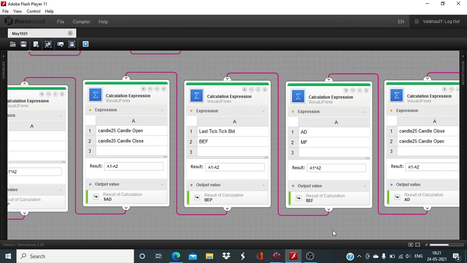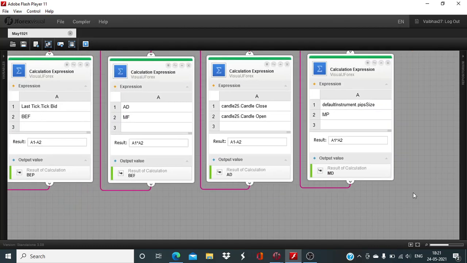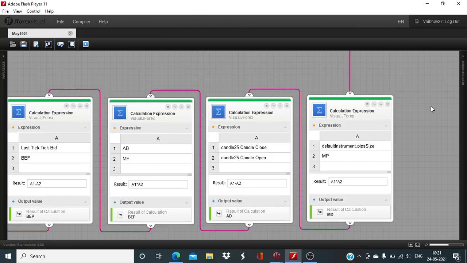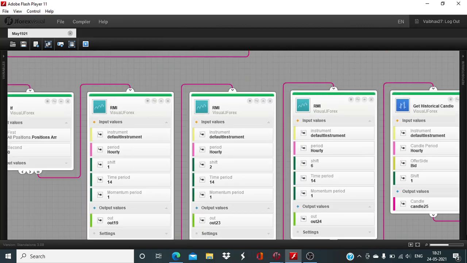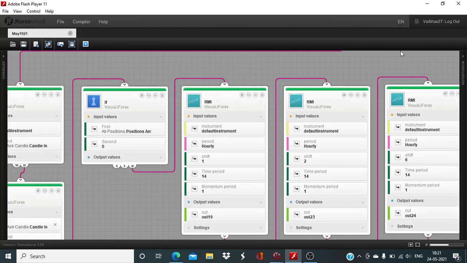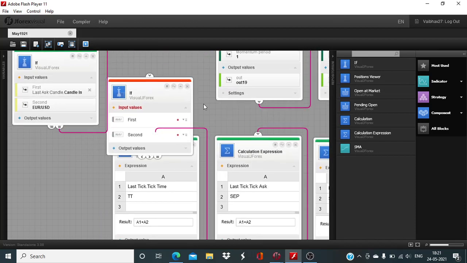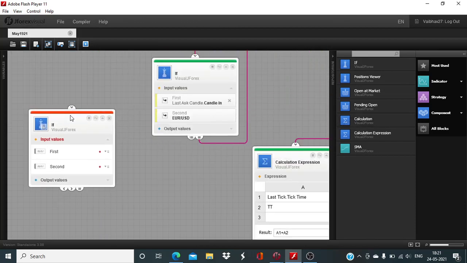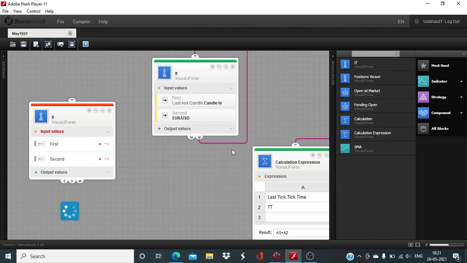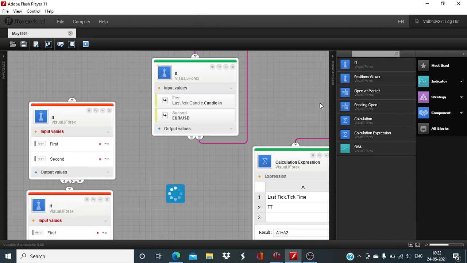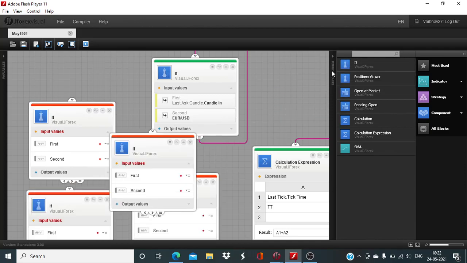Now let us start defining the conditions for the execution of the sell trade. I want to make sure that the buy side and the sell side conditions are symmetrical.